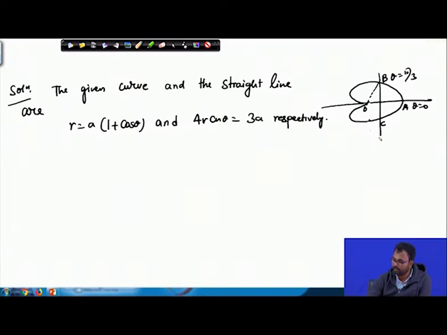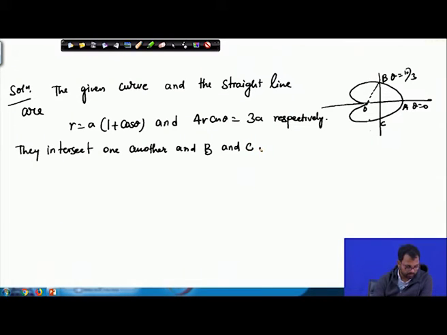So this is the line and this is the curve, and they intersect one another at B and C.